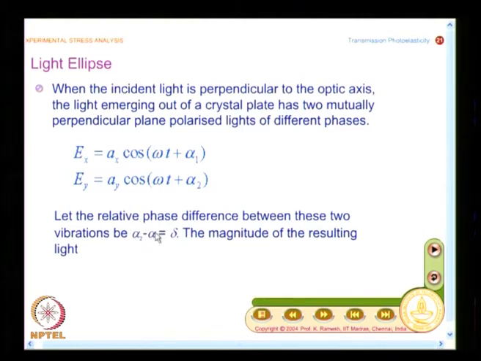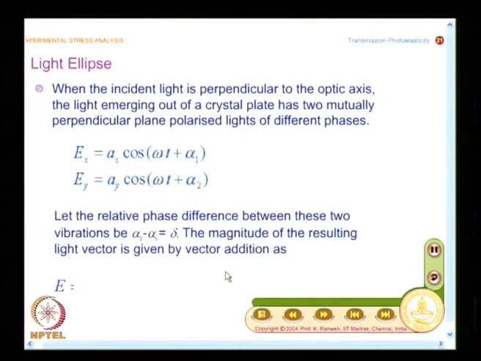So, for one incident light I have two refracted beams, they are simple harmonic, and their planes of vibration are mutually perpendicular. When I want to find the resultant, the magnitude of the resultant light vector is given by simple vector addition. Suppose I want to find E at a particular instant of time, I simply take the square root of E x square plus E y square to find the amplitude.